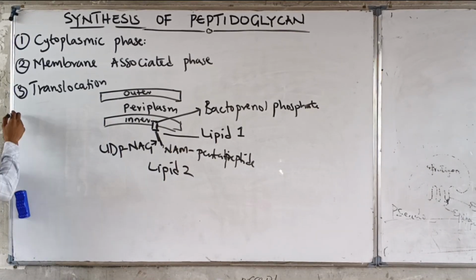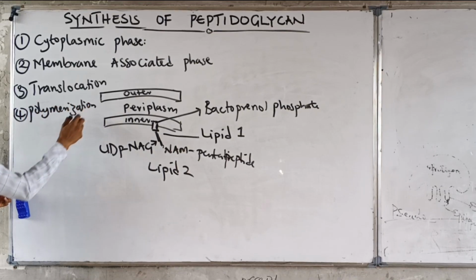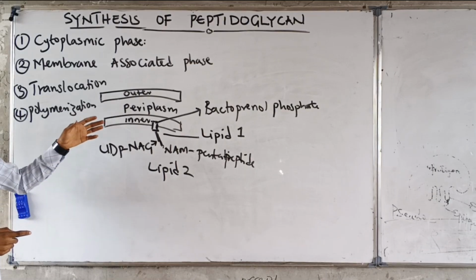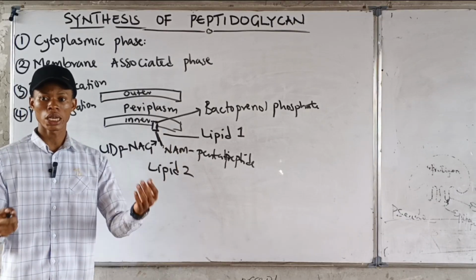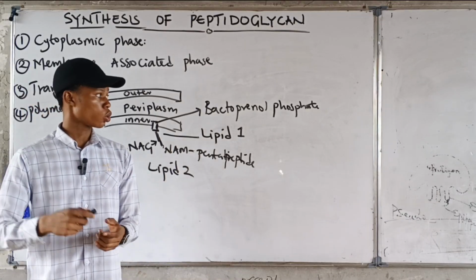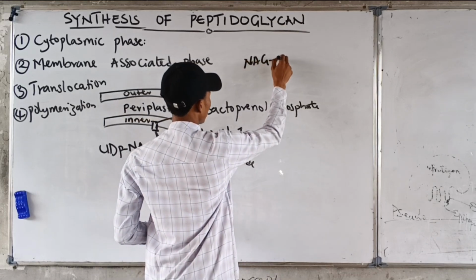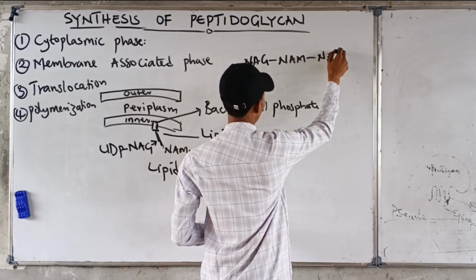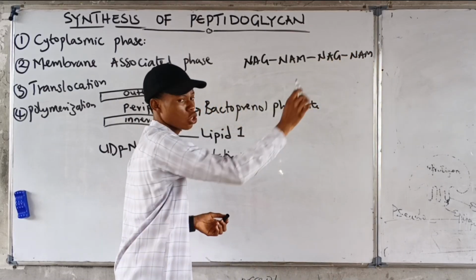The fourth phase is called polymerization. Remember that peptidoglycan is composed of N-acetylmuramic acid and N-acetylglucosamine. This is how it looks like. So we have alternating units of N-acetylmuramic acid, N-acetylglucosamine, just like that.